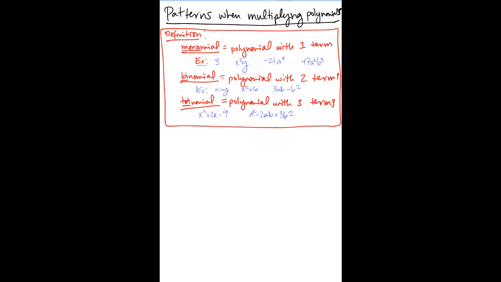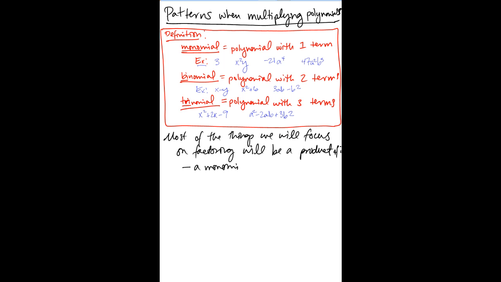So most of the stuff we're going to be multiplying in this class, and most of the stuff we're going to be factoring in this class, will be a product of a monomial and another polynomial, and often two binomials.